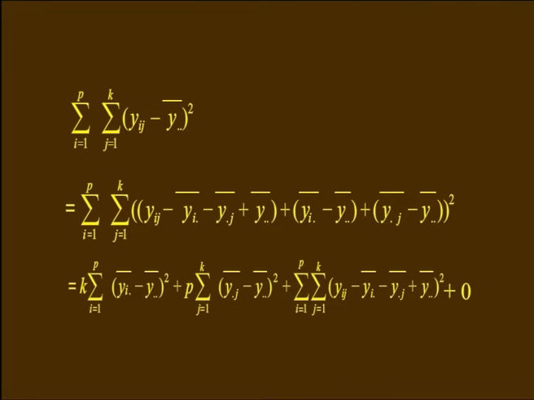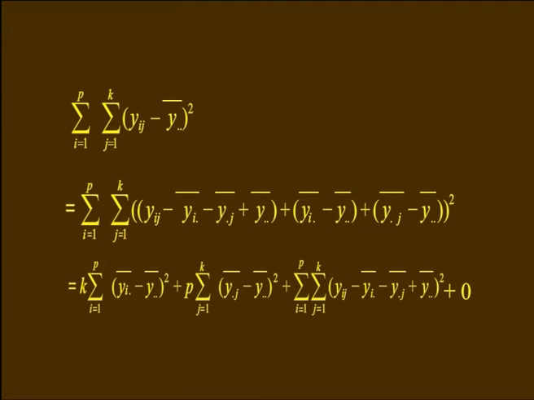y bar dot dot plus y bar i dot minus y bar dot dot plus y bar dot j minus y bar dot dot whole square, adjusting the factor y bar dot dot also. We have three terms.